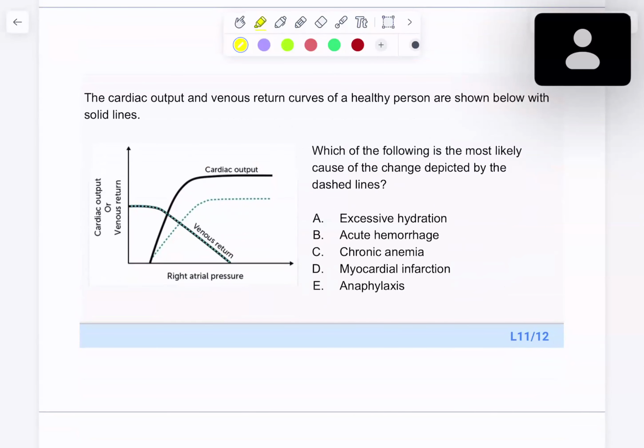The next question says that cardiac output and venous return curves are shown in this graph. Which of the following most likely depict the cause of change depicted by the dashed line? So what made this cardiac output line move downwards?